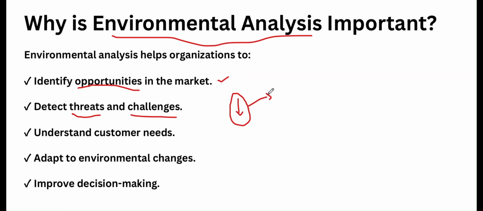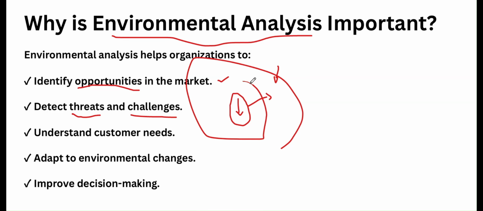So eventually our organization's profit decreases, our revenue decreases. So it is an overall loss for the organization. So it is very important that we identify and detect the threat at an earlier stage so that we can implement mitigation decisions and different strategies to avoid this particular situation.